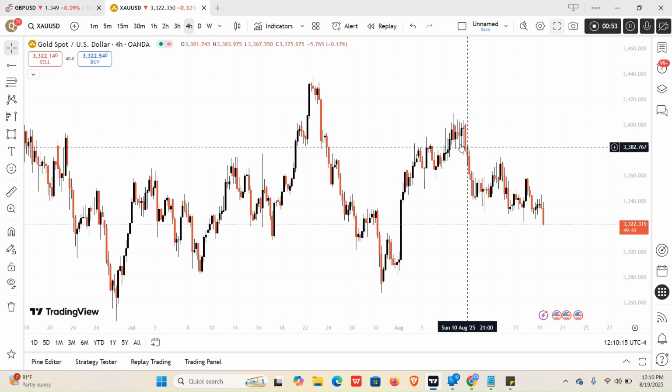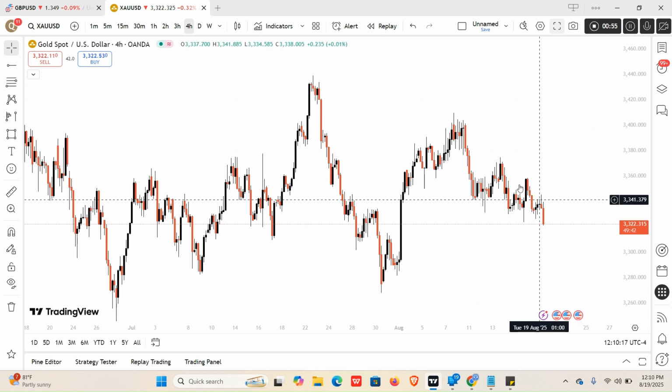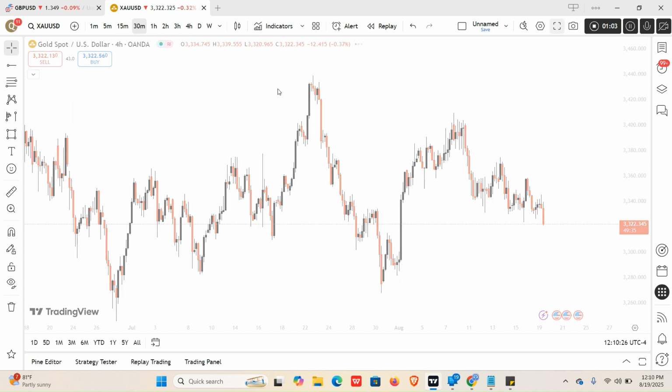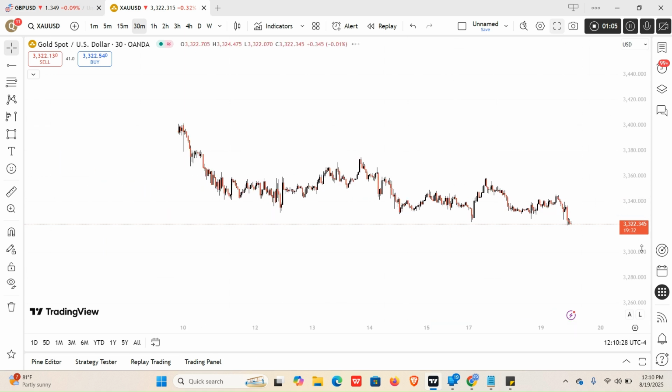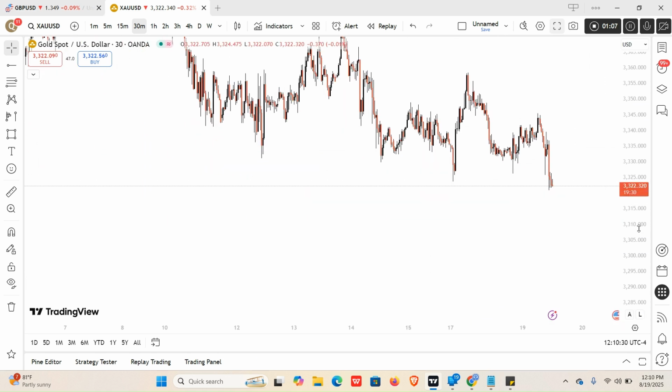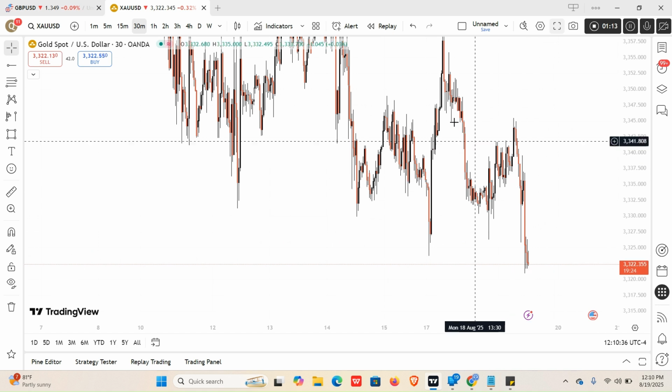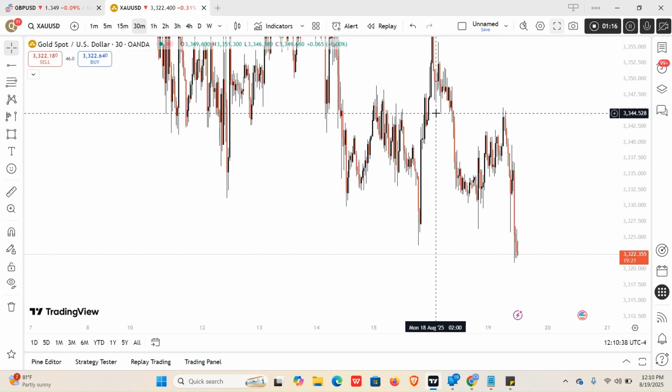As we can see, we are having a downtrend. Let's go on to the trades I posted on my Telegram recently. Let's start with the one I posted on Friday, and then we jump up to the one I posted today, and then we could check others later.